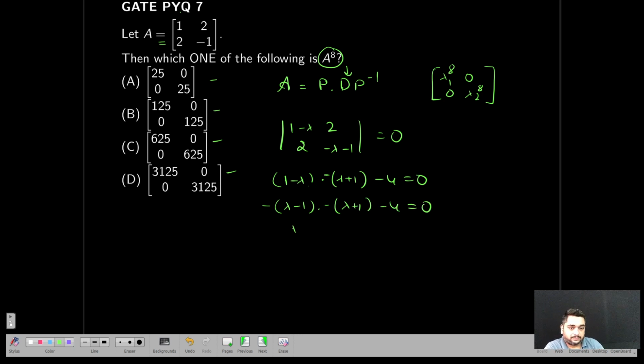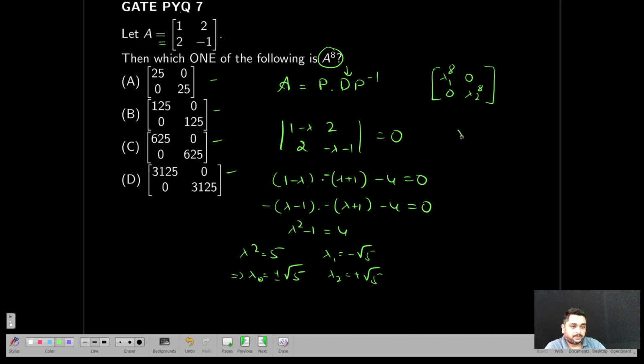So I'll get lambda square minus 1 equals 4, or lambda square equals 5. That implies lambda equals plus or minus square root 5. So lambda 1 is minus square root 5, lambda 2 is plus square root 5.